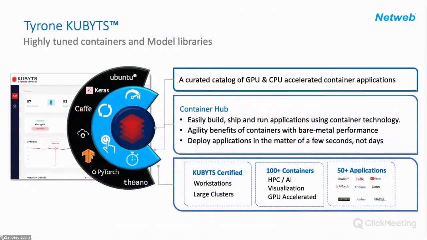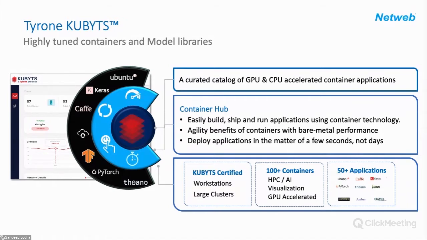So what is Tyrone qubits basically? It's a repository. It is a repository not only for GPU, it is also for CPU, and going forward we will be having many more repositories for different kinds of things. We handle two types of applications right now, which are HPC and AI. We also have various kinds of containers.